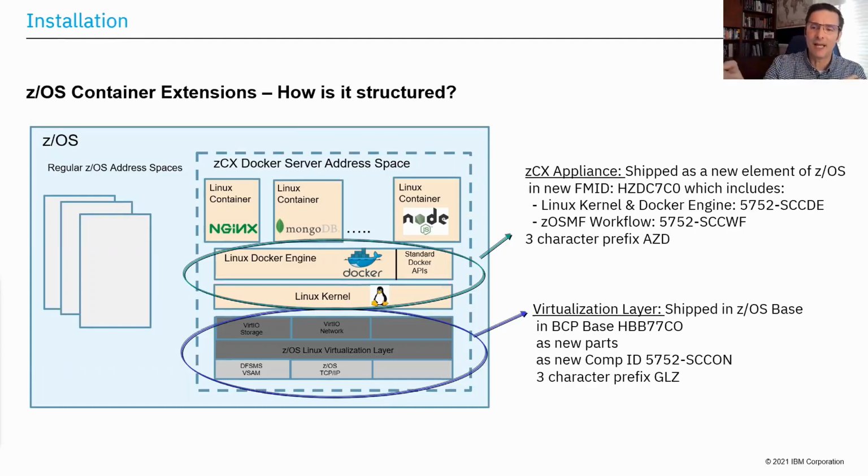So the zCX appliance code is going to be deployed into a zCX address space when you are provisioning your zCX. As opposed to the virtualization layer, that code is not deployed inside of the zCX address spaces that you may create as a result of provisioning, but instead it's just part of the BCP that can be utilized.